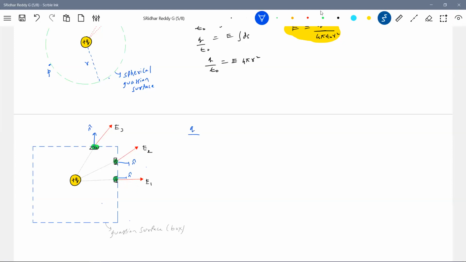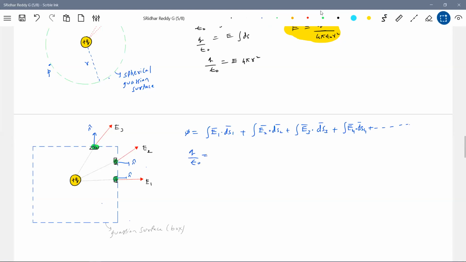Flux is equal to integral of E1 bar dot ds1 bar plus E2 bar dot ds2 bar plus E3 bar and so on. And what is the net charge enclosed by it? Q by epsilon naught. So what is the problem? The RHS we cannot solve.